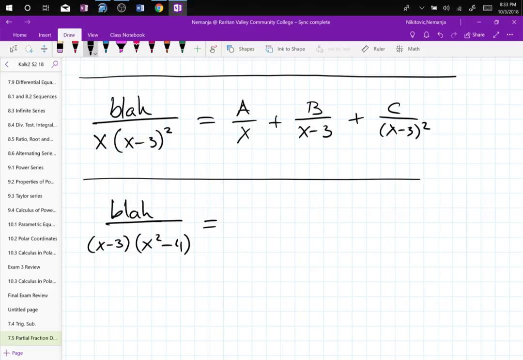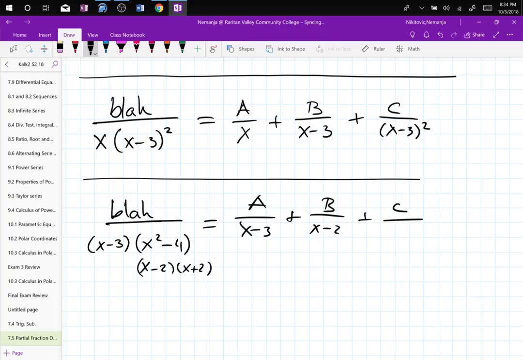Well, we have x squared minus 4. You can factor that. You better see it. That's not an irreducible quadratic, right? If it's a plus, then it's irreducible, right? But with a minus, that's just x minus 2, x plus 2. So, A over x minus 3 plus B over x minus 2 plus C over x plus 2.